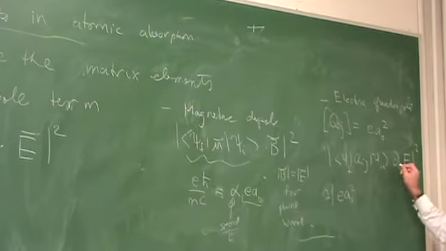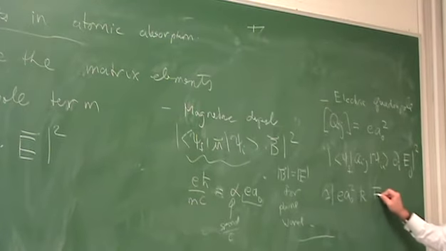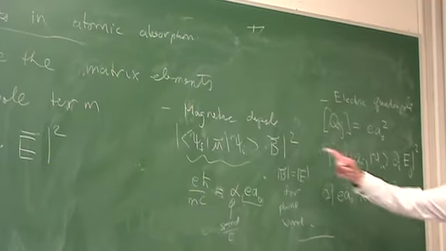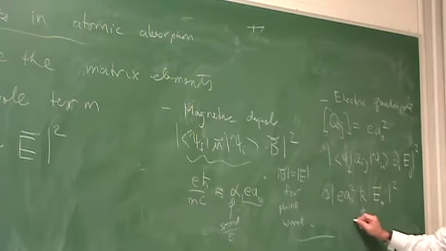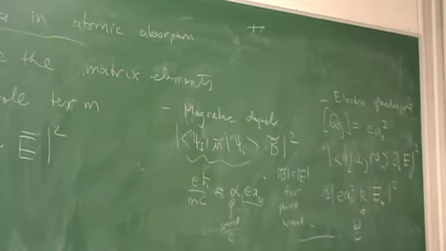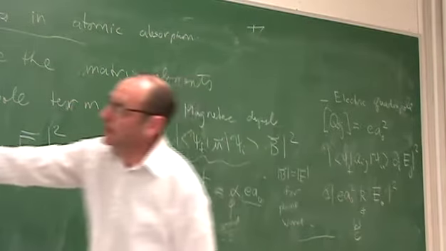We have k, all right? So how does this compare to this? What are we talking about with k here? k is the wave number. k is omega over c. What omega are we talking about? We're talking about an omega near an atomic resonance for this to make sense.